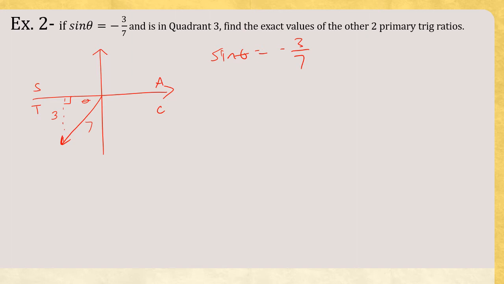And if you're wondering why I didn't label that negative 3, distances are always positive, but it would have a y coordinate of negative 3. But that's taken into account by our CAST rule. That's kind of where the CAST rule comes from. So watch out for the negatives. To be safe, stick to positive values for distances, and then use the CAST rule to come up with whether it's positive or negative.